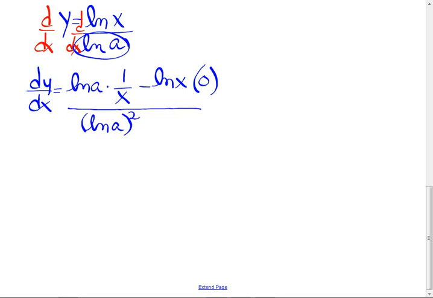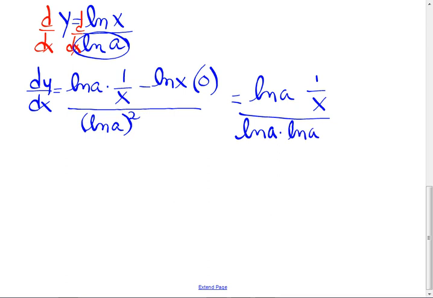So if I simplify that, that's the natural log of a times 1 over x, and then this is the natural log of a times natural log of a, because natural log of a squared. What happens to one of those? They cancel. Okay, do you know how to simplify that complex fraction? Multiply by x over x.